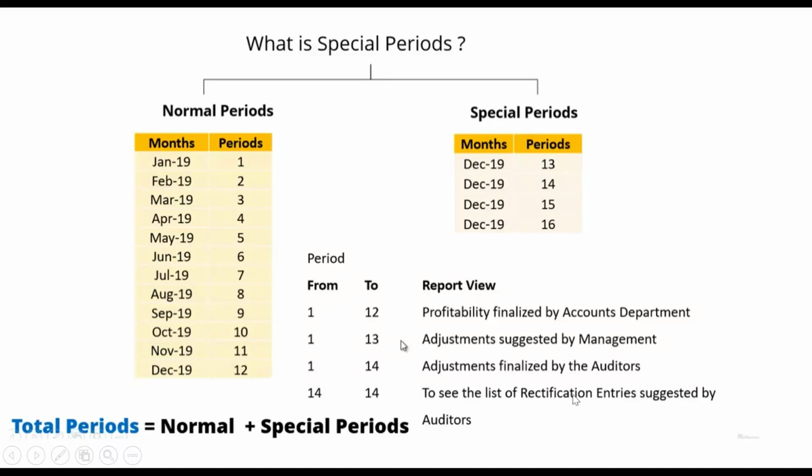If you want to do any rectification entry suggested for any modification, we use these special periods. That is the concept of special periods. Total periods are always equal to normal periods plus special periods, that means 16 periods.